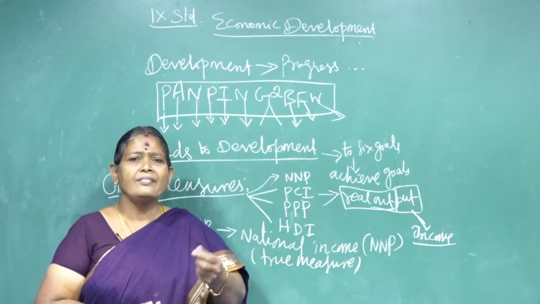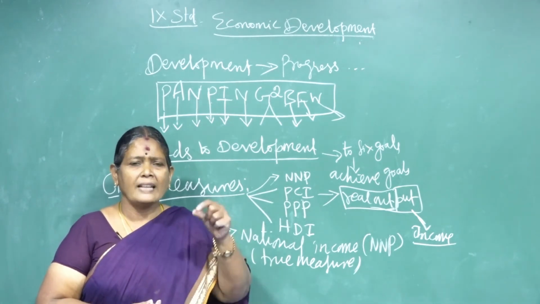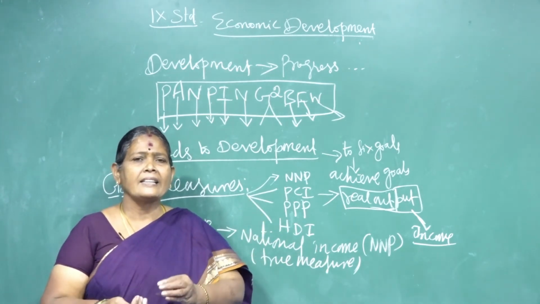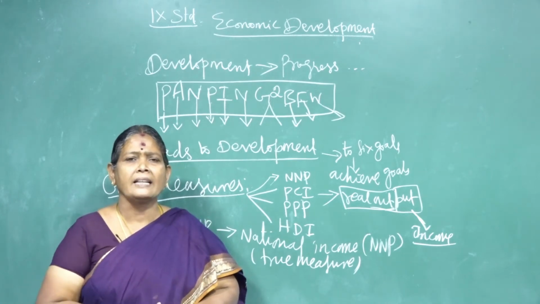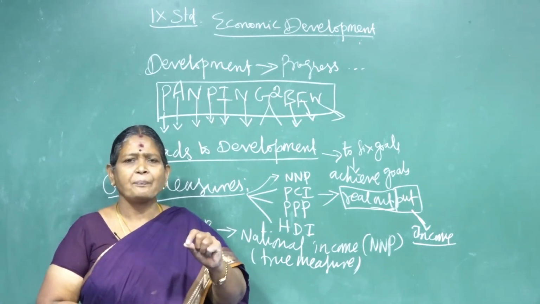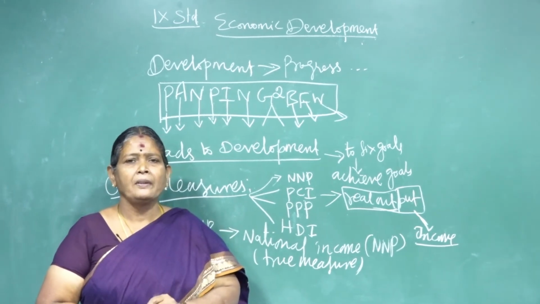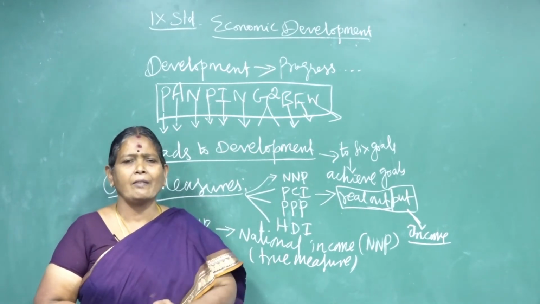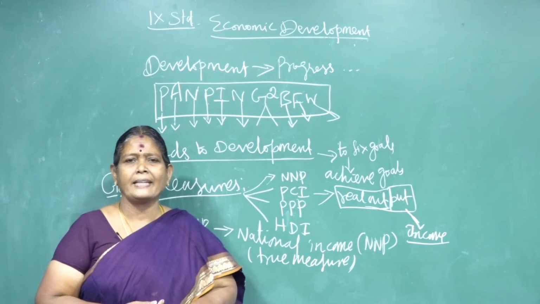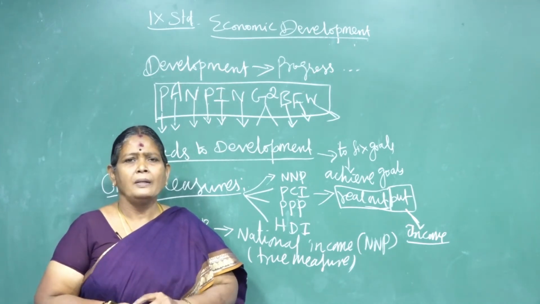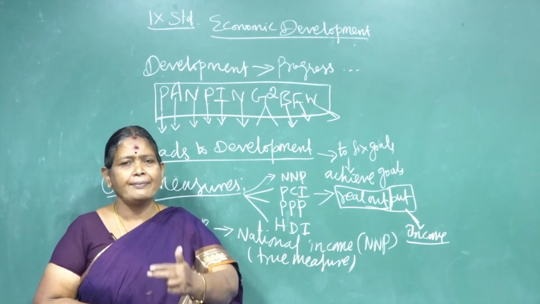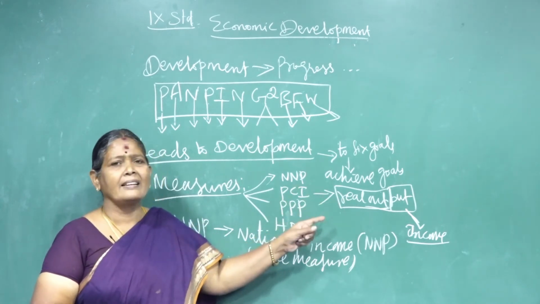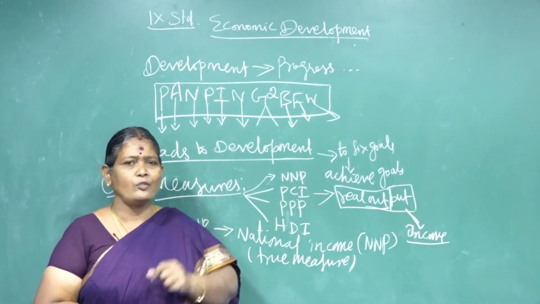Same way, the countries which earn more income are said to be developed countries compared to countries which earn lower income. But this measure is not satisfactory. Even though income is itself an indicator to measure development, it is not satisfactory. Why? Because the population of the country differs from country to country.